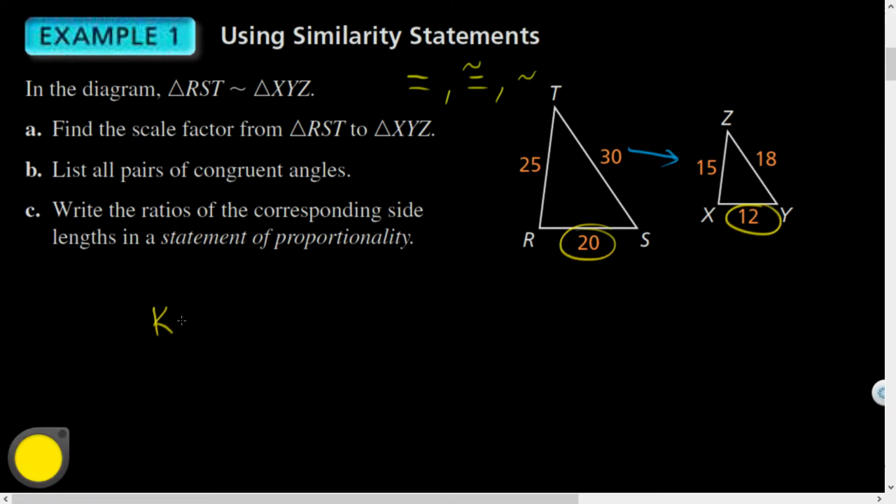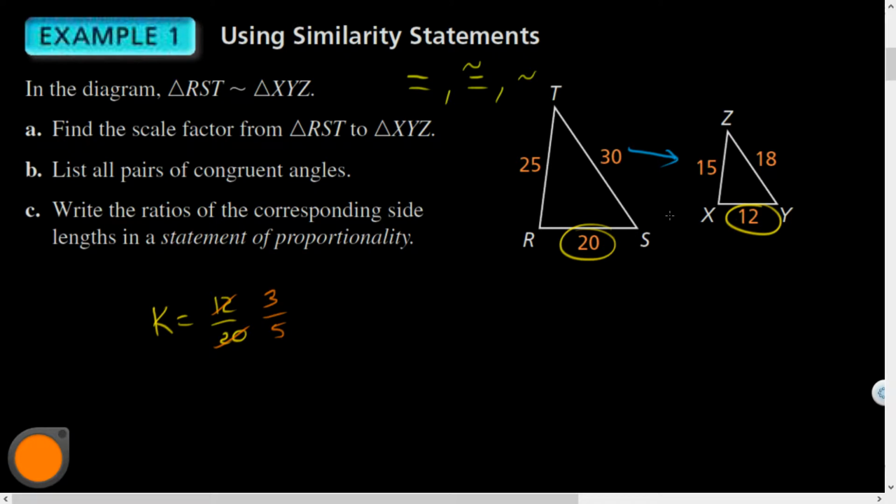So the scale factor K is going to equal the new value, what we used to call the image back when we did dilations or transformations, over the pre-image, right? So 12 over 20. And then I can reduce this. What goes into both 12 and 20? Yeah, 4. So 4 goes into 12 thrice and into 20 five times. So the scale factor is 3/5.